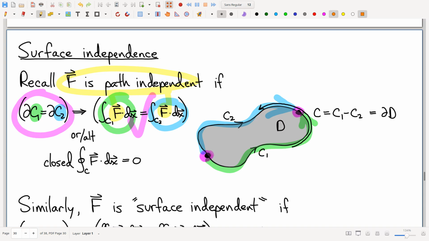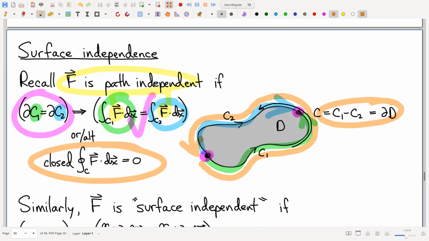Reminder, if you have two curves with the same starting and ending points, you can move around one of them followed by backwards along the other one to make a closed curve that is a boundary. And an alternative phrasing is that closed line integral must always be 0.